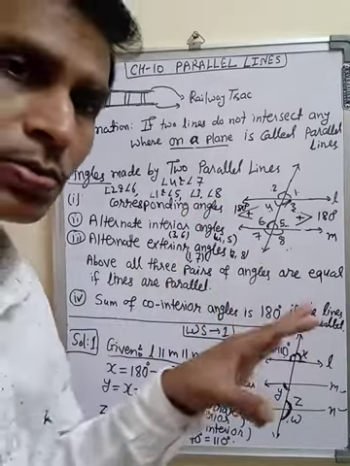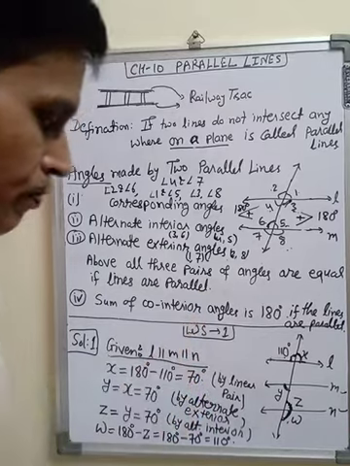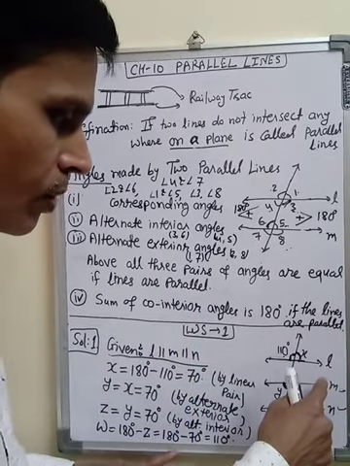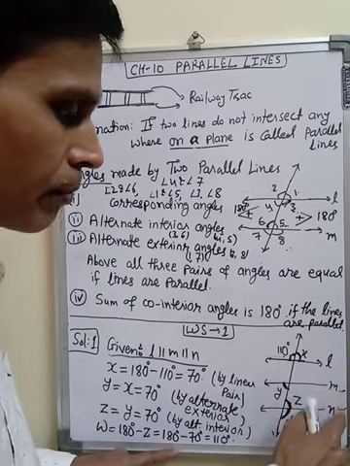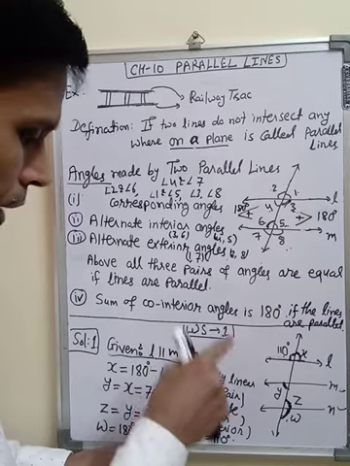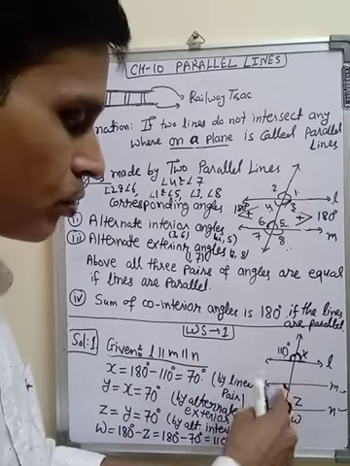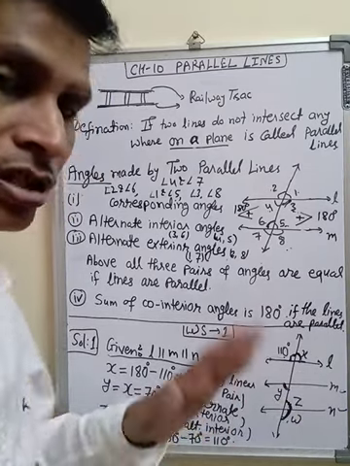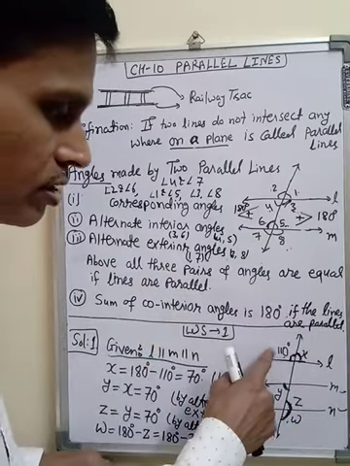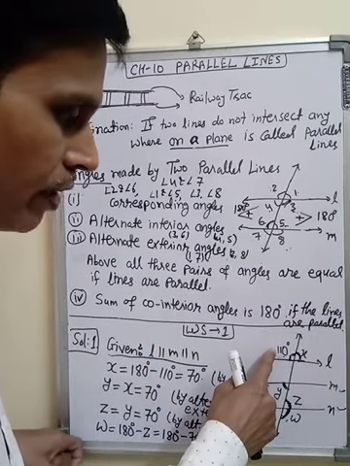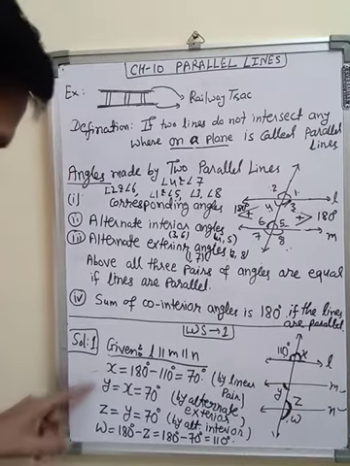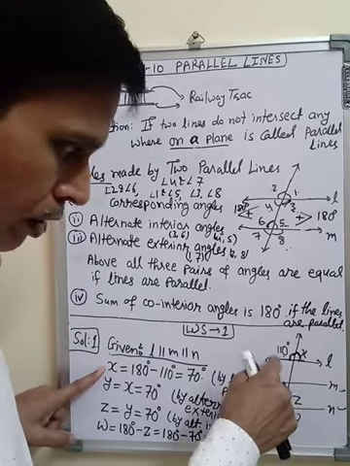Now worksheet 1 is based on these properties. See worksheet 1. The question says L, M, N are parallel, so I have written here L, M, N are parallel. We have to find the angles X, Y, Z, W if one angle is given. 110 degrees is given, and we are asked to find X, Y, Z, W. How can we find X?